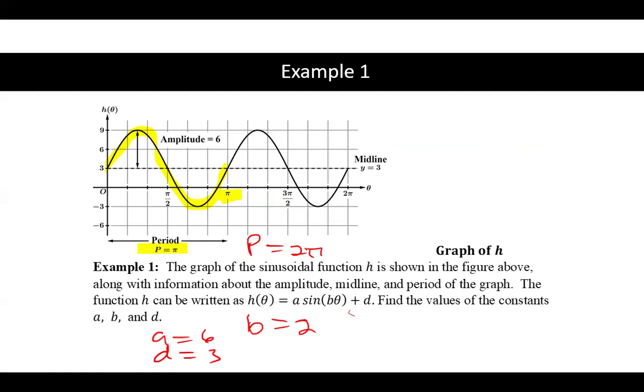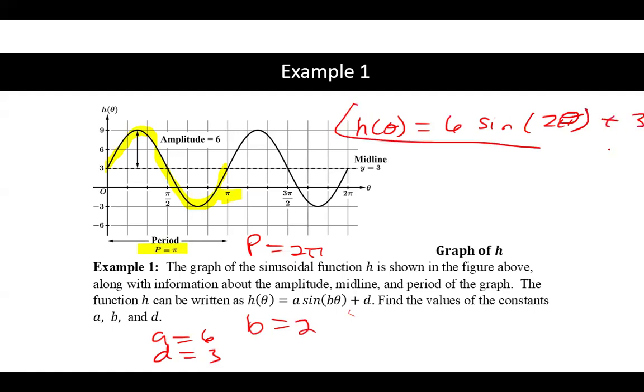All right. So now do I have everything I need to write the sinusoidal model? I do. So we know that H of theta equals 6 times the sine of 2 theta, not a pi. Can I transform it? 2 theta plus 3.